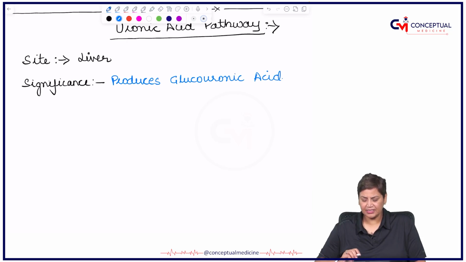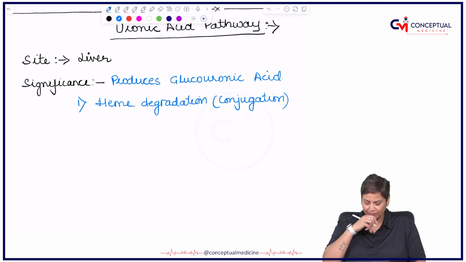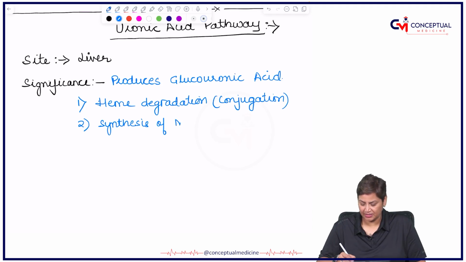So it produces glucuronic acid which helps in the degradation of heme, so heme degradation. And what reaction? It plays a very, very important role in conjugation. So this is one important feature of glucuronic acid, and the second important feature is in the synthesis of mucopolysaccharides.